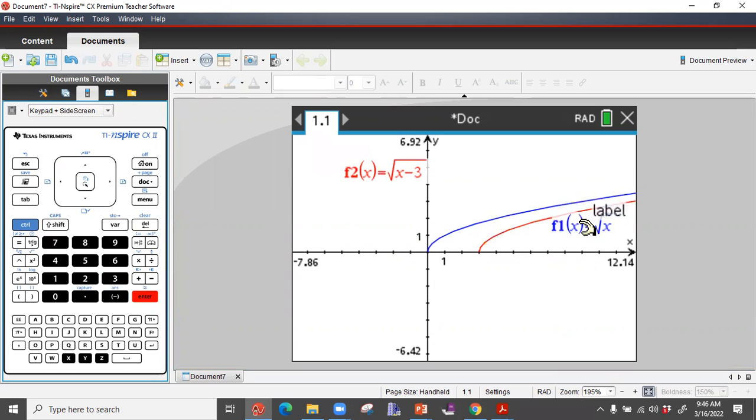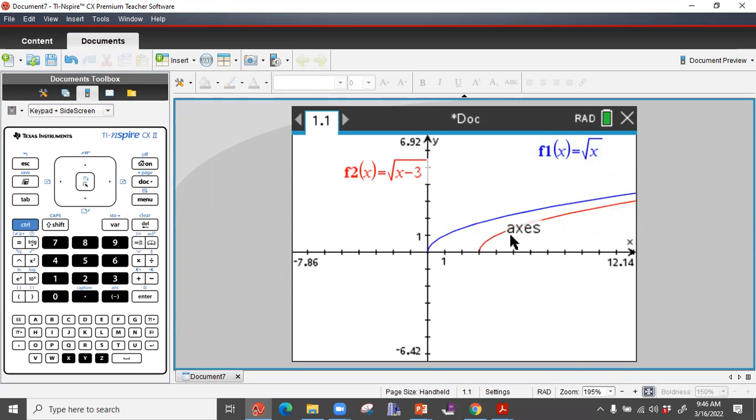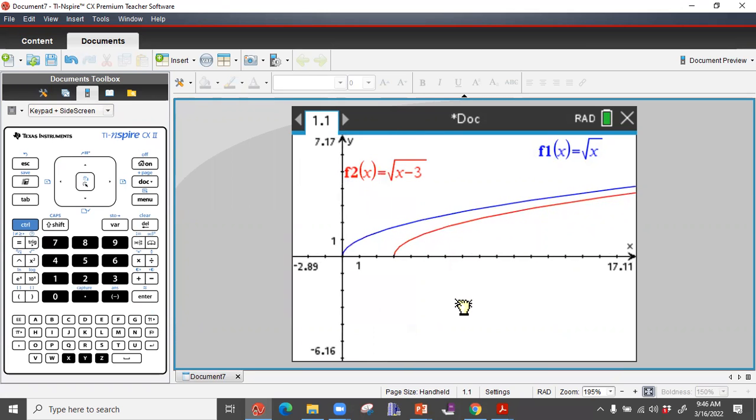Hit enter. And did it go to the right like we said? Yes. And for this one, do I have a y-intercept? No, I never crossed the y-axis. So therefore I have no y-intercept, but I do have a special x-intercept right here. And that's at 3, 0.